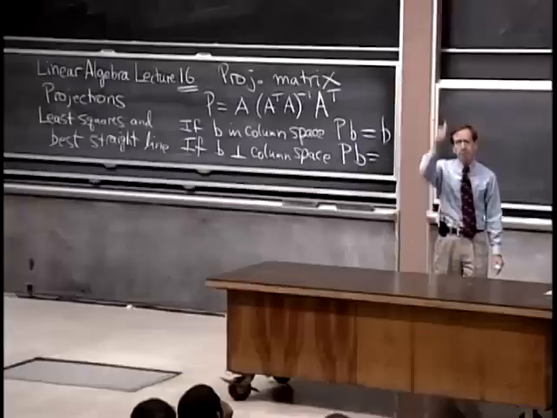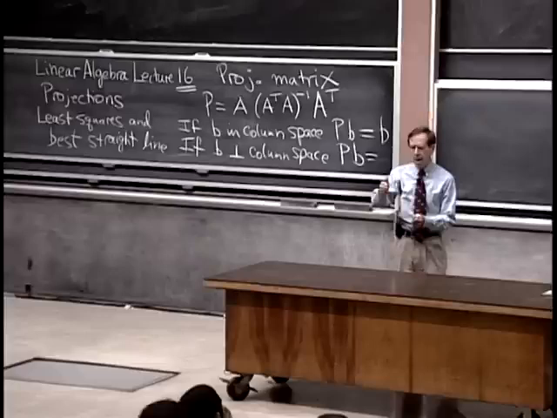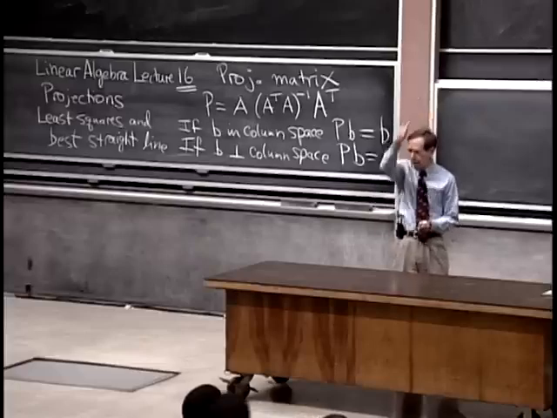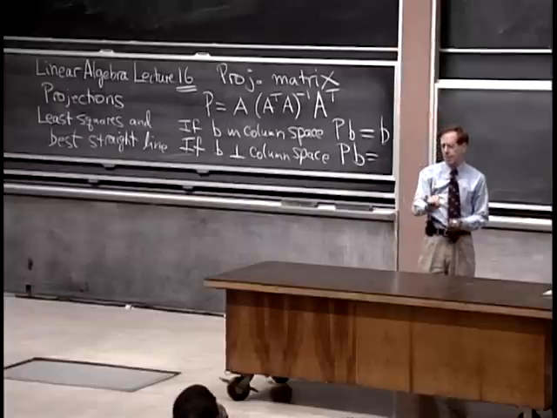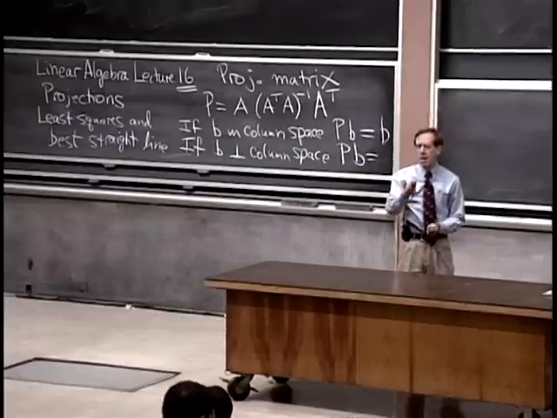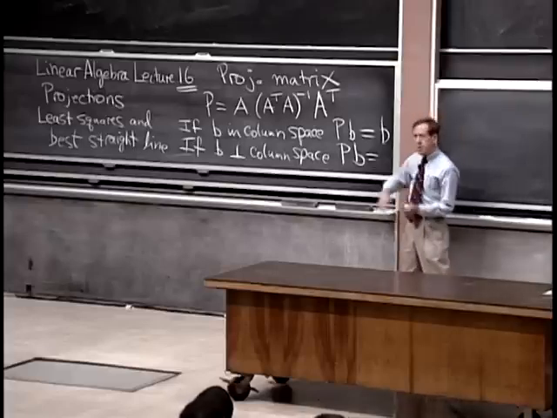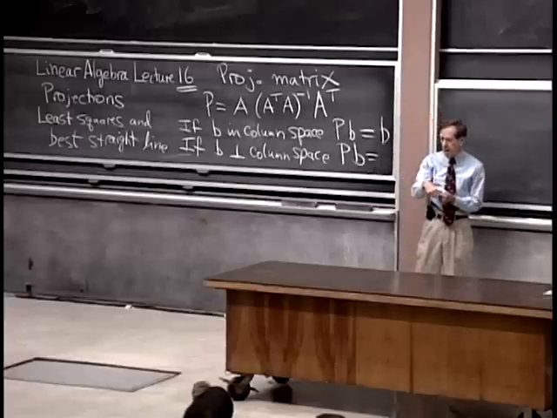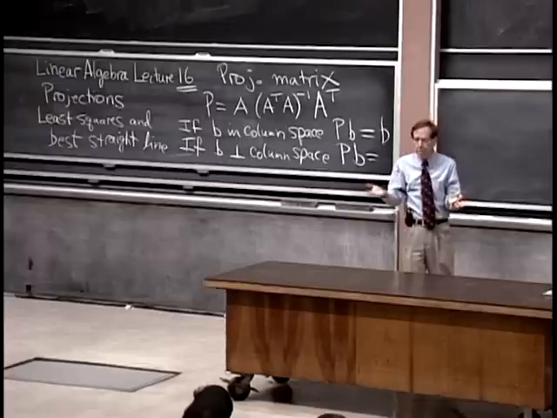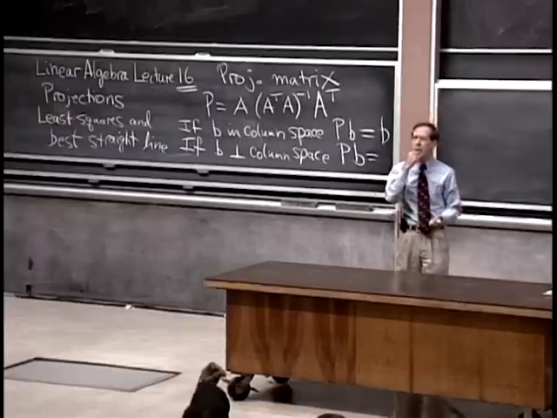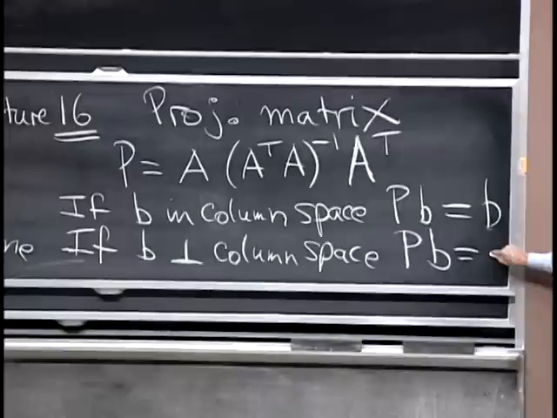Suppose that vector is perpendicular to the column space. So imagine this column space as a plane, and imagine b is sticking straight up perpendicular to it. What's the nearest point in the column space to b in that case? If the vector b has no component in the column space, it's sticking completely 90 degrees to it, then Pb should be 0.